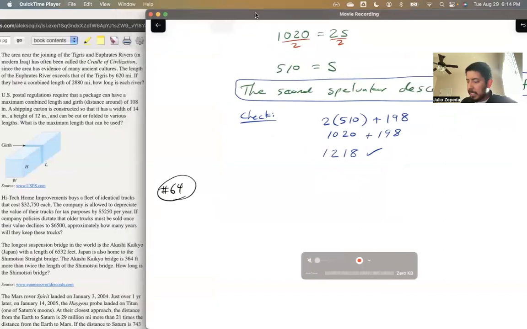So now it says the length of the Euphrates exceeds that of the Tigris. So I'll put exceeds the length of the Tigris by 620 miles.